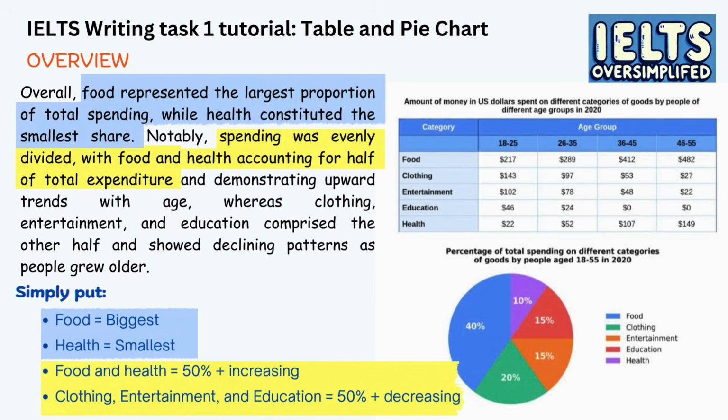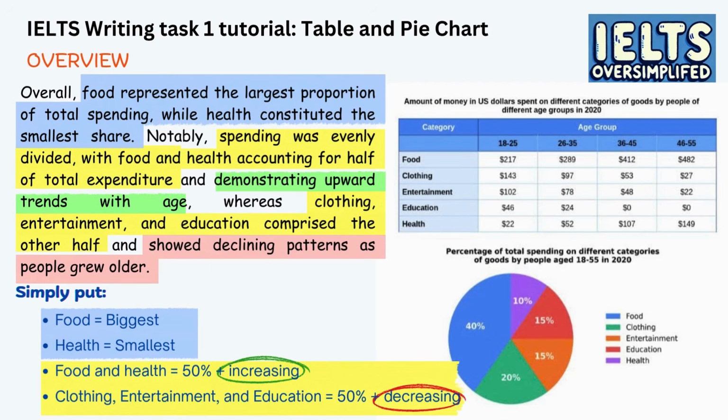Spending was evenly divided, with food and health accounting for half of total expenditure, and clothing, entertainment, and education comprised the other half. Then it describes the two contrasting trends, demonstrating upward trends with age, and showed declining patterns as people grew older.